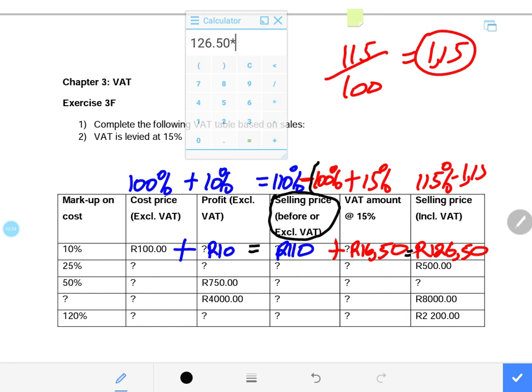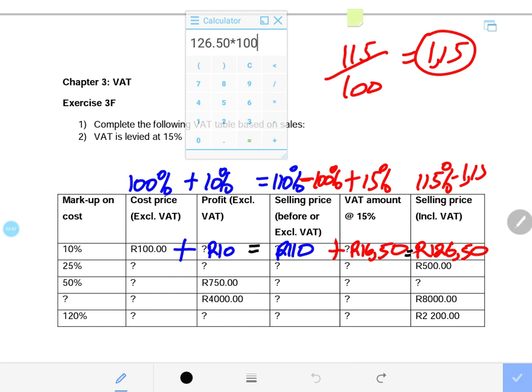That's what we are looking for. Previously, remember, we were looking for VAT. We multiplied by 15. Now we are not looking for 15%. We are looking for 100%, which is before VAT was included. So we multiply by the percentage of the amount we are looking for. The percentage of the selling price before VAT was included is 100%. As I always said to you, the amount before any percentage is added is 100%. Now we multiply by 100, we divide by the percentage of the amount that we are multiplying by.